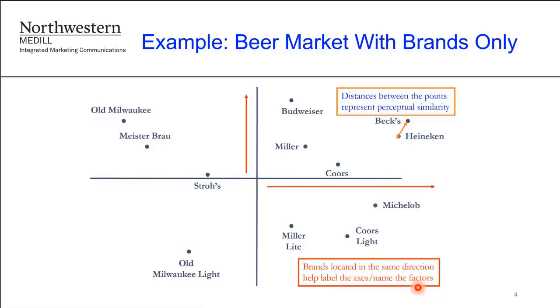So this is one source with which we can decide the names of the factors. How to do that? If you look at the brands and find some commonalities among them in terms of their characteristics, then we can figure out the name of the dimension, okay?